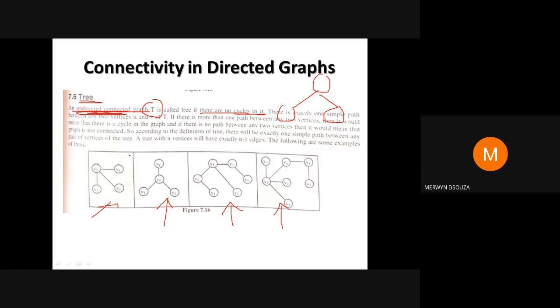So if you are given a directed graph and you are told to find out whether it's a tree, first you convert it to an undirected graph. Then you check whether it's a connected graph. And if it's connected, then you check whether there are cycles. If it's a connected graph and there are no cycles, then that graph is known as a tree.